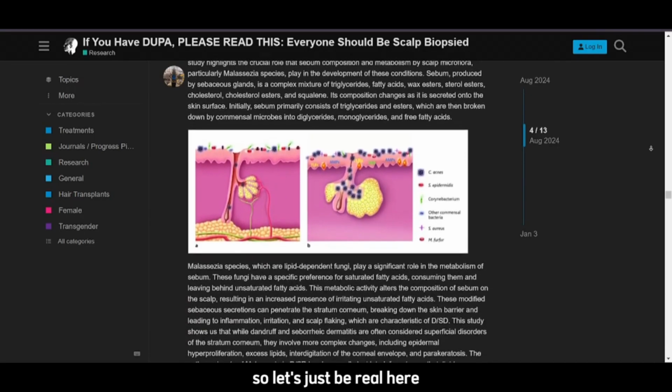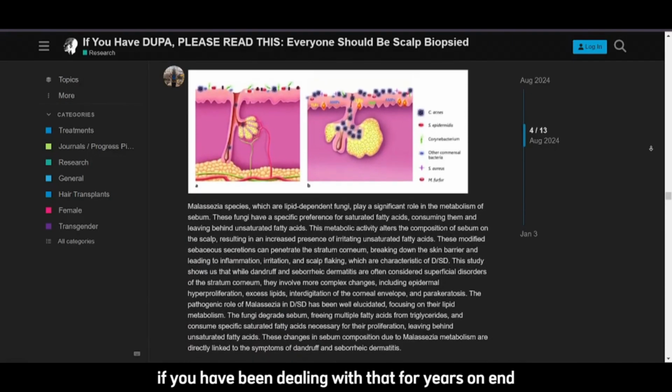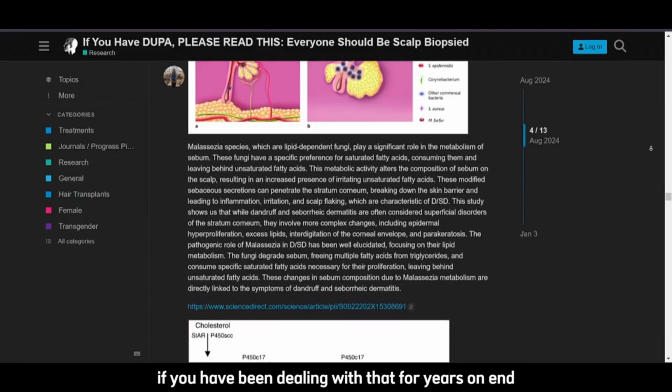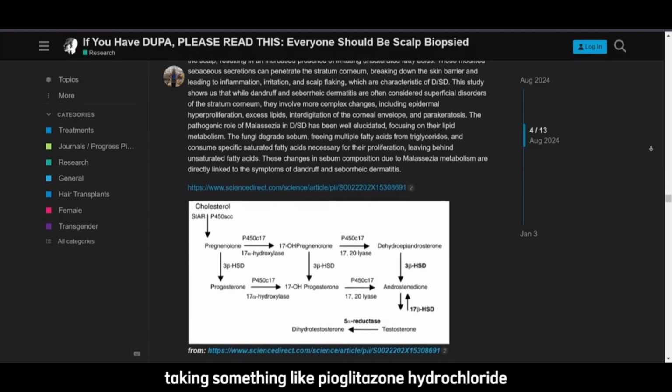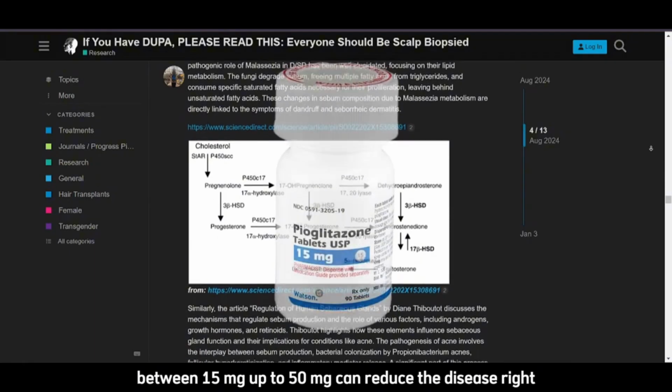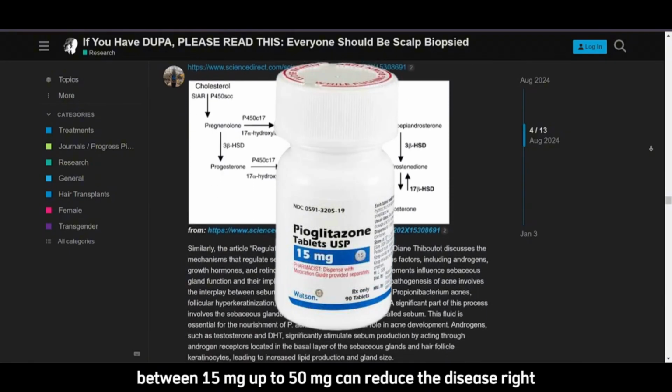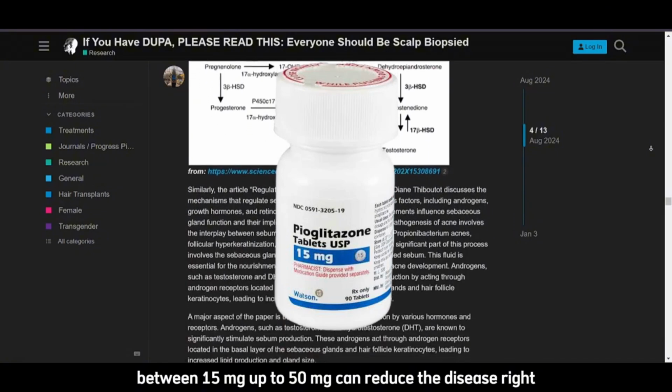Okay, so let's just be real here. If you have been dealing with that for years on end and you have that condition, taking something like pioglitazone hydrochloride between 15 milligrams up to 50 milligrams can reduce the disease, right?